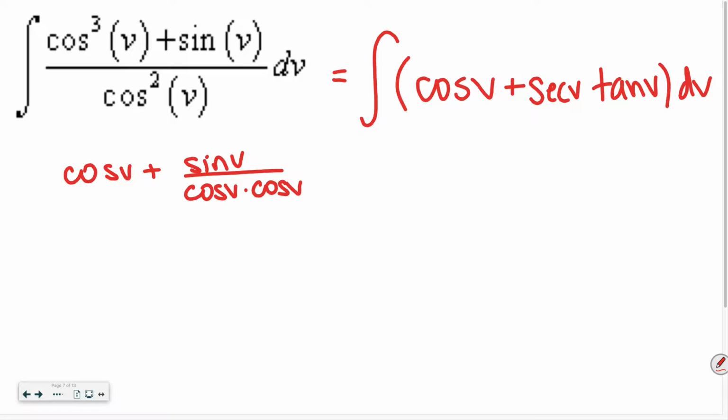Sine over cosine gives us tangent. 1 over cosine gives us secant. Okay? Well, now we can say, well, the antiderivative of cosine is sine. And the antiderivative of secant tangent is secant.